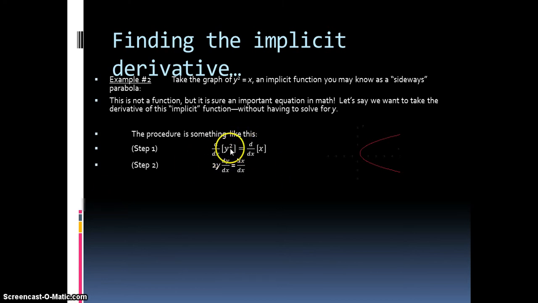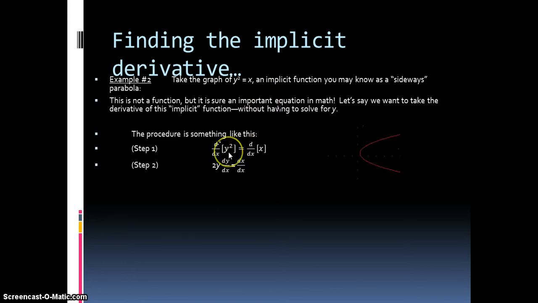The derivative of y squared, however, will be 2y dy/dx. The reason for the extra dy/dx is because we need to respect the x. Our variable is y. y is presumably some function of x. We don't know what it is necessarily, but we know that y and x do relate in some way.